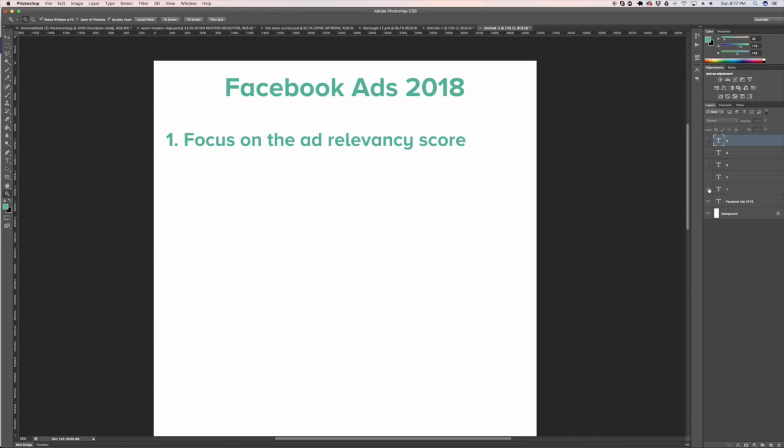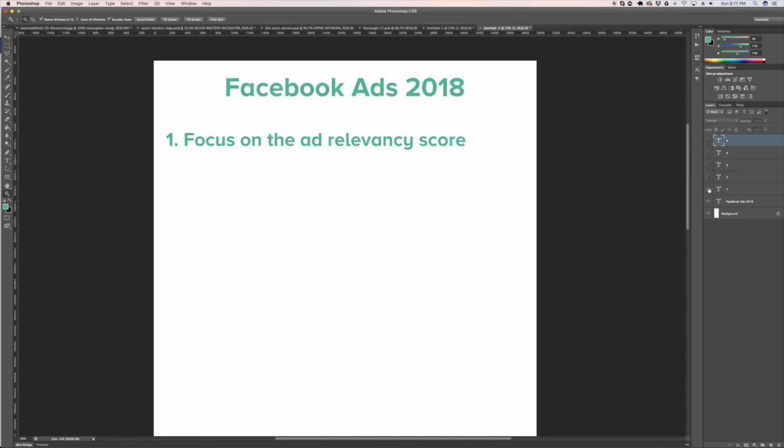The reason you need to focus on this score is that a higher score tells Facebook that the ad is a lot more relevant to the audience you're showing it to. So your cost per reach is going to go down. You're going to be paying less money to show the advertisement to more people, which is going to lower the cost of your advertisement. This is super important.